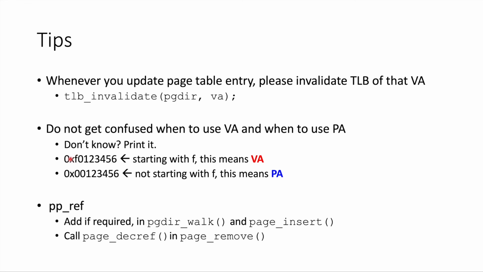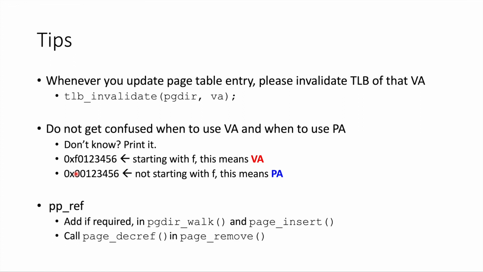If the address starts with F something, then that's a virtual address. And for a virtual address, you can store, read, and do memory operations. So you can access it as an array or something. That is possible for a virtual address. But if your address does not start with F at the top, then it's a physical address, and you cannot write or read the memory unless you convert it to a virtual address.